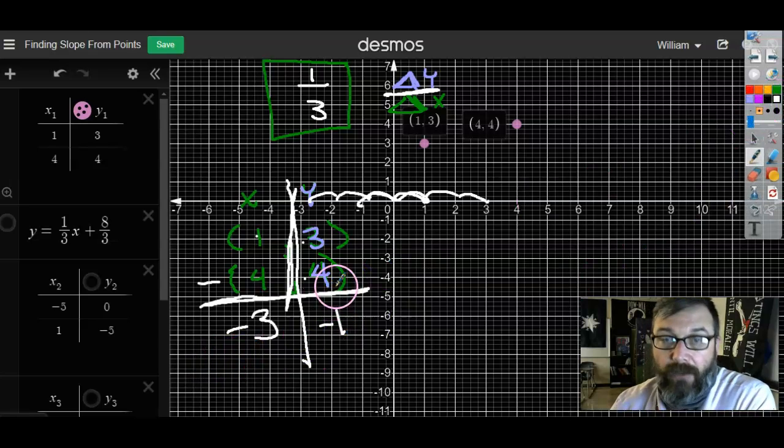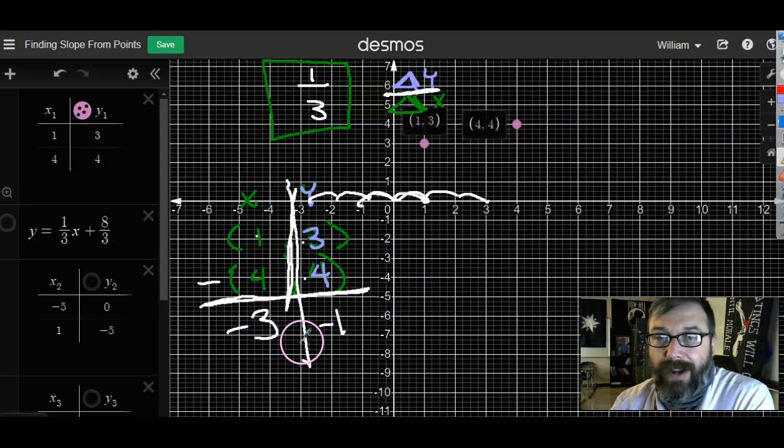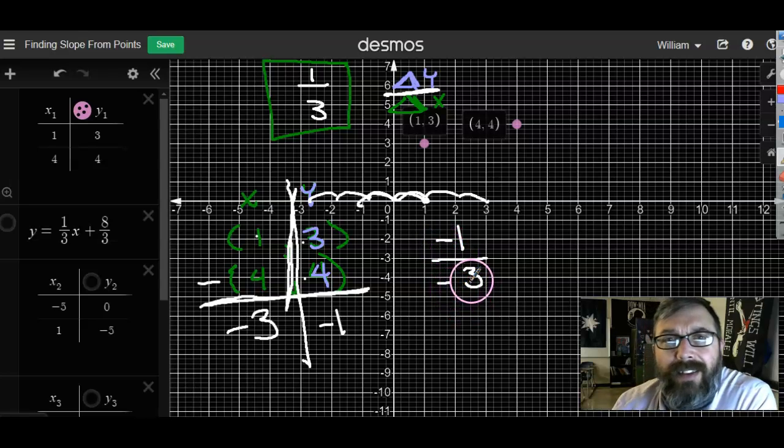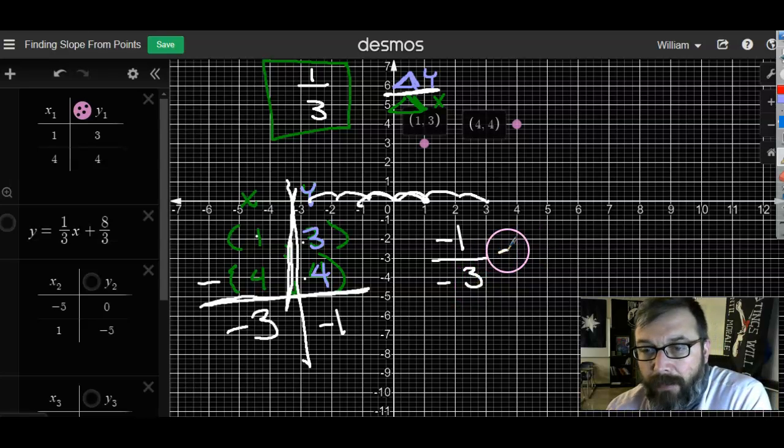Okay. Well, now rise over run. So which one's going on top? My y is going on top. So I'm going to put -1 on top over, now my run, -3. -1 over -3. What is a negative divided by a negative? Good job. It's a positive.